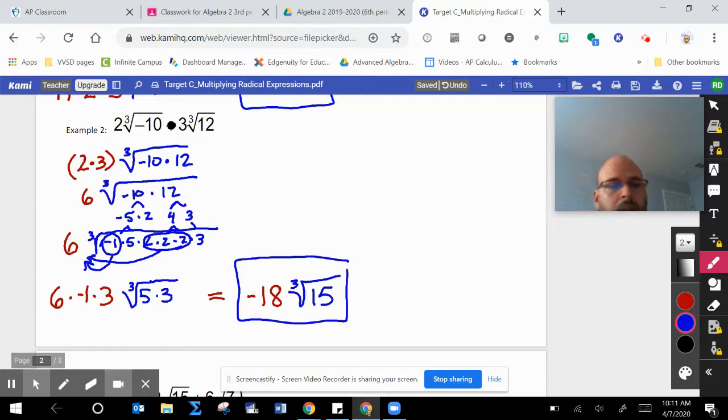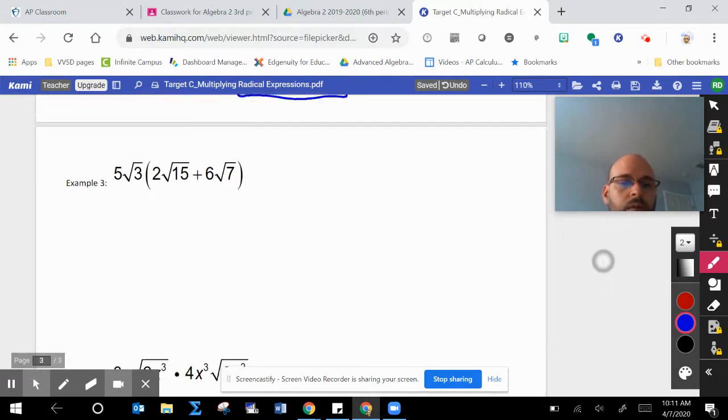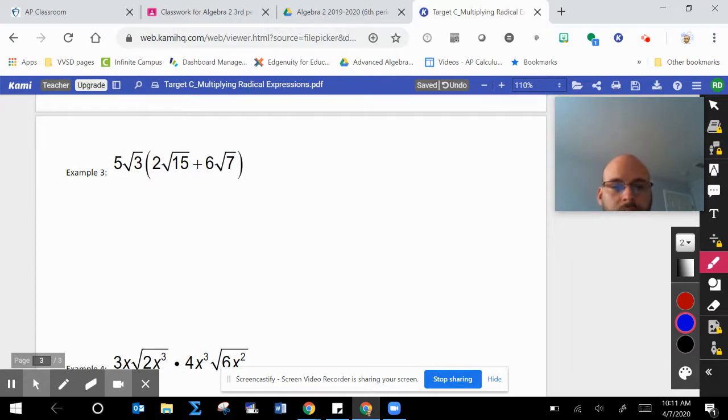This would be my answer in radical form. So one, I'm going to look to see that you guys can multiply these two radicals together, that you can get to that step. The second thing I'm going to do is to see, can you actually reduce that answer into its lowest terms?